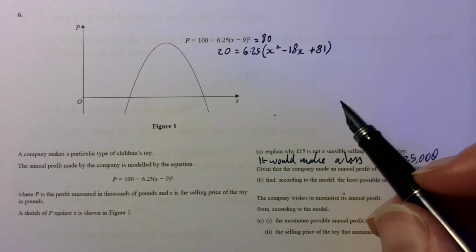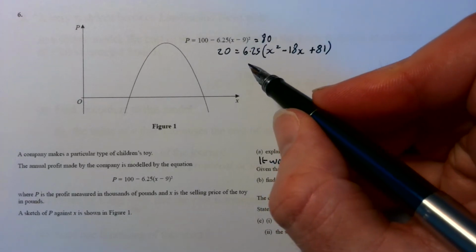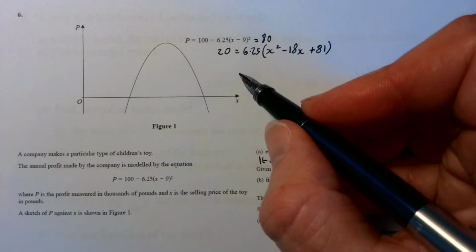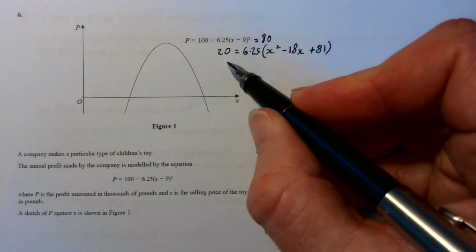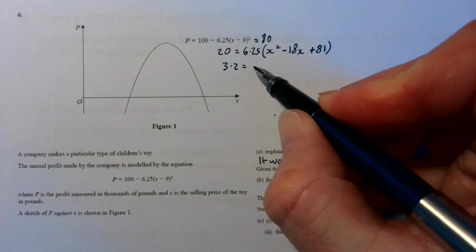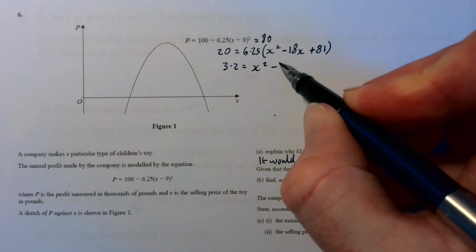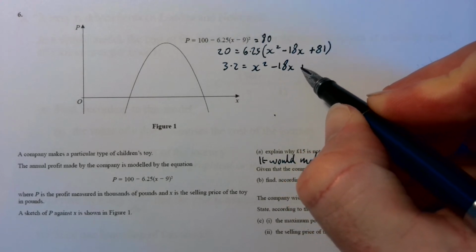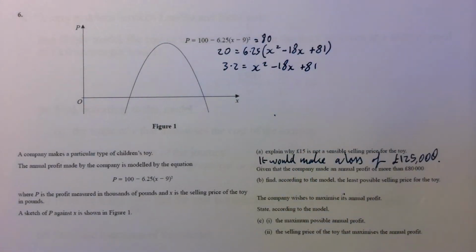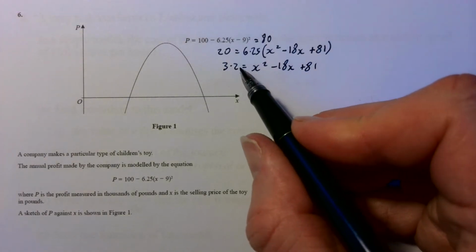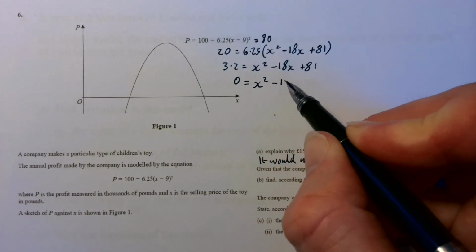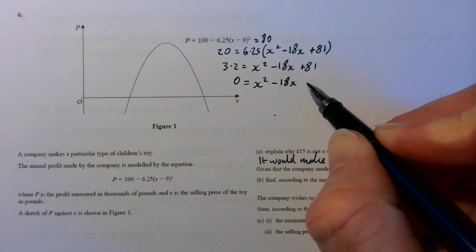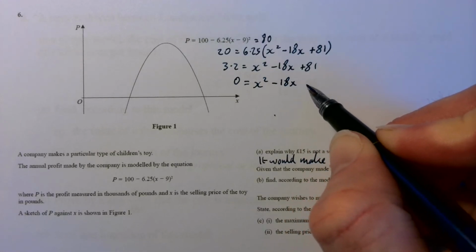So if we divide by 6.25, 20 divided by 6.25 is 3.2, is equal to x squared take 18x plus 81. So then if we take that across so that it equals 0, x squared take 18x take 3.2.